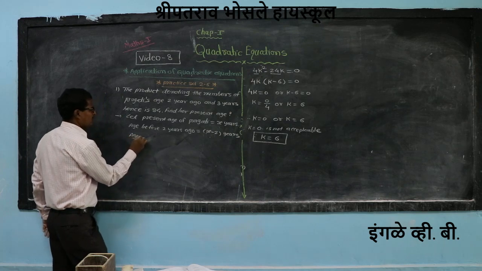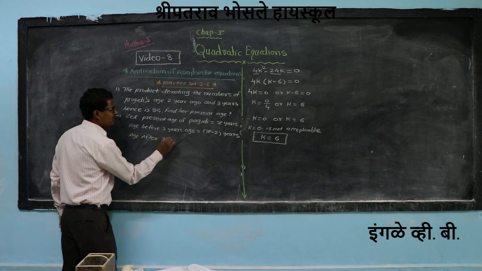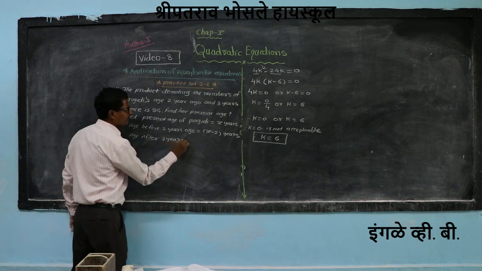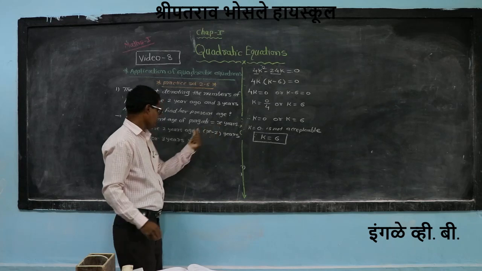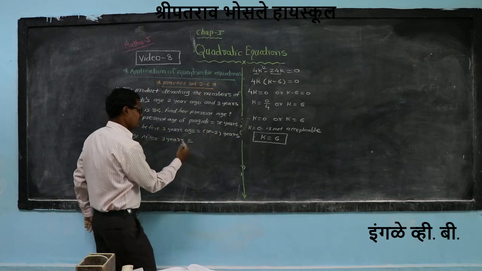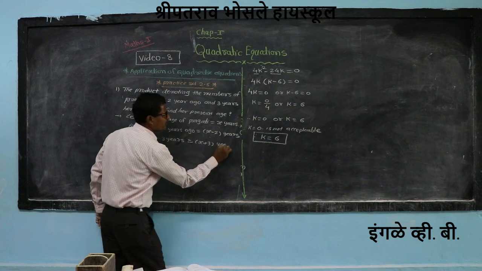The age after 3 years is the present age x plus 3 years.